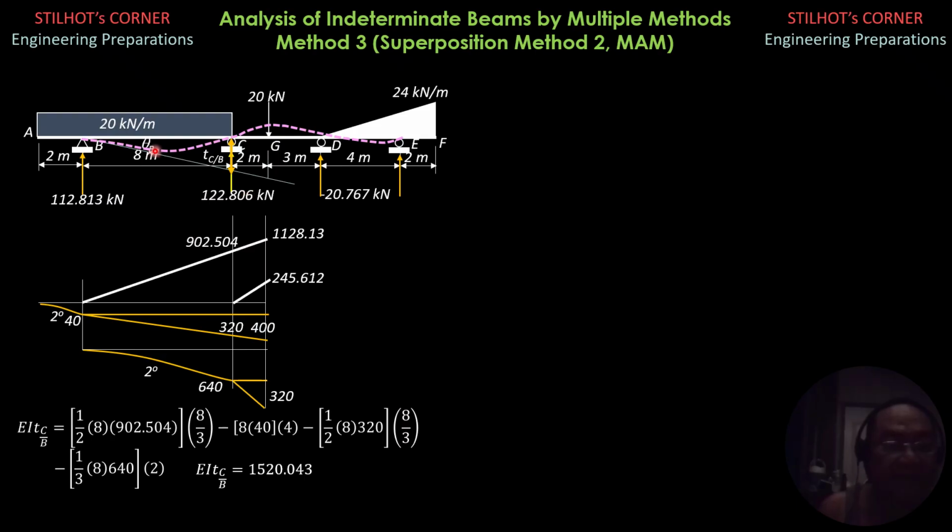So theta B is negative of this value divided by 8. So negative 1520.043 over 8 EI, and that's negative 190.005 over EI. So next, we need to evaluate the deviation of G, that's on the elastic curve, to that reference tangent, considering this entire area.